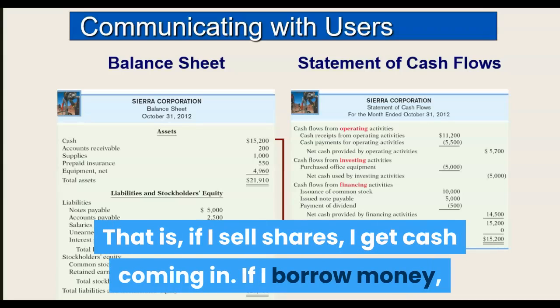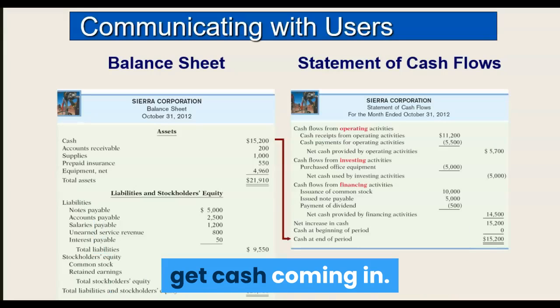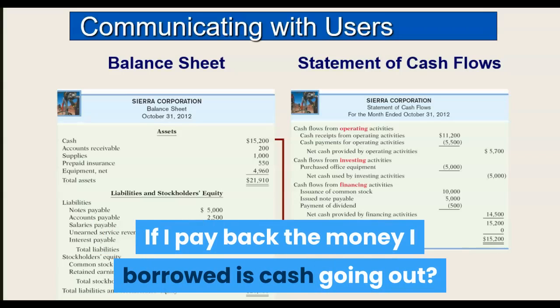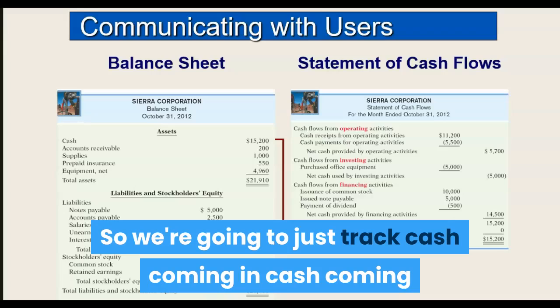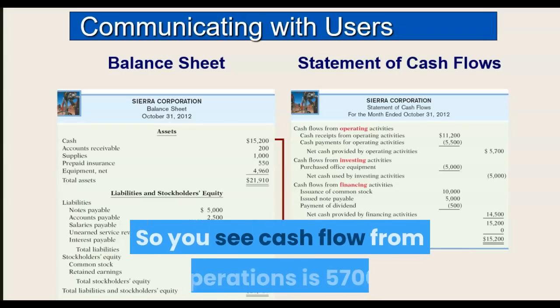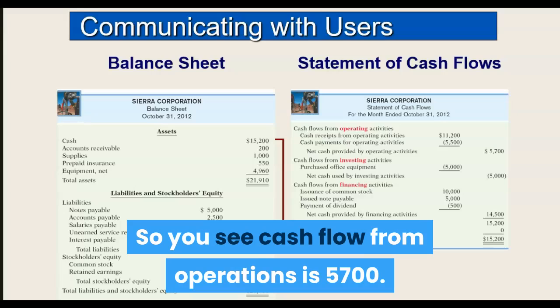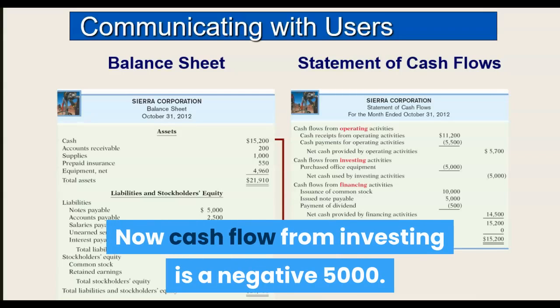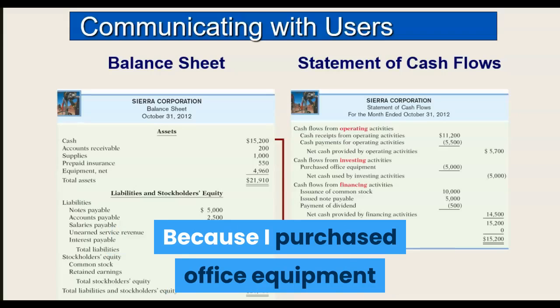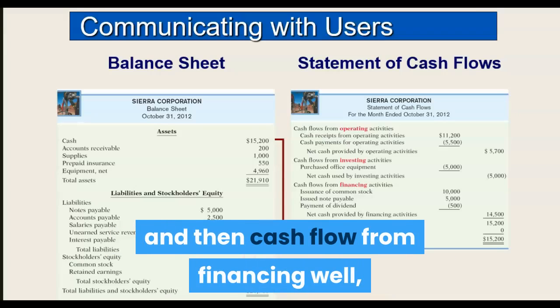That is, if I sell shares, I get cash coming in. If I borrow money, I get cash coming in. If I pay back the money I borrowed, it's cash going out. So we're going to just track cash coming in, cash going out. So you see, cash flow from operations is $5,700. Now, cash flow from investing is a negative $5,000 because I purchased office equipment.